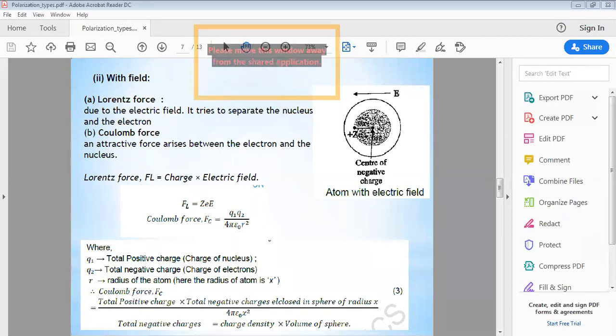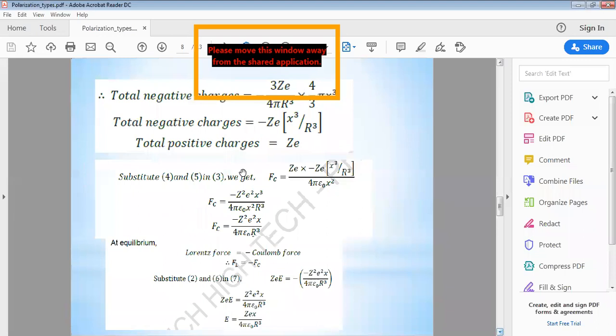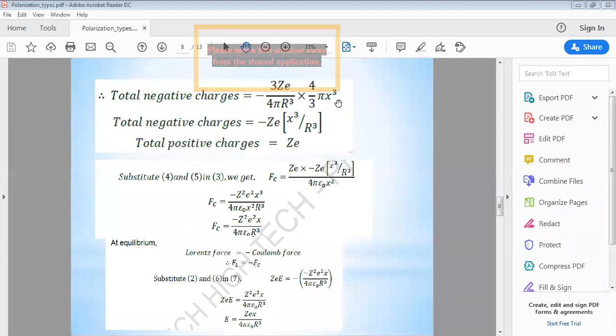This is 4 by 3 pi x cube, because now x is the radius of this deformed sphere. Okay, so that you should remember. So the total negative charge is the charge density times the volume of this distorted sphere.